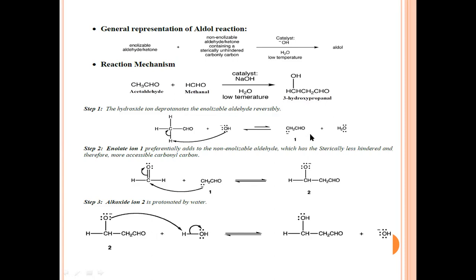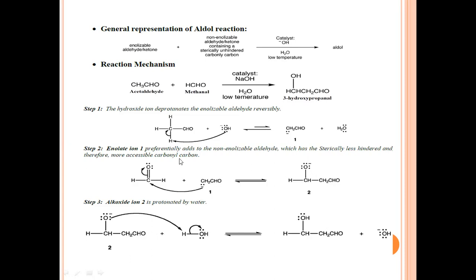This enolate ion preferentially adds to the non-enolizable aldehyde containing carbonyl functional group, which is sterically less hindered and therefore more accessible, and they are going to form the alkoxide ion.